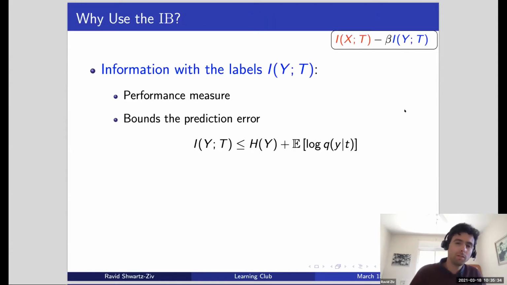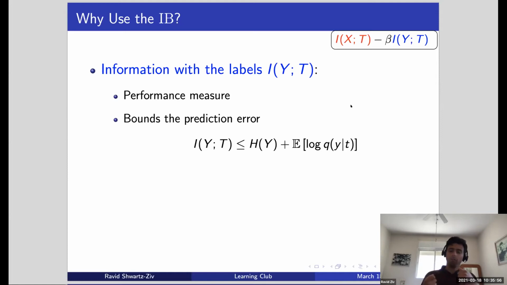So why use this method, or why try to minimize this Lagrangian? The information with the labels is a performance measure. It bounds the prediction error. Here we have the expectation of log, where Q is our model.